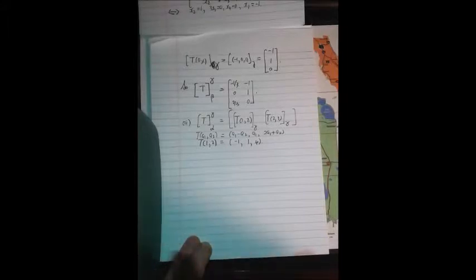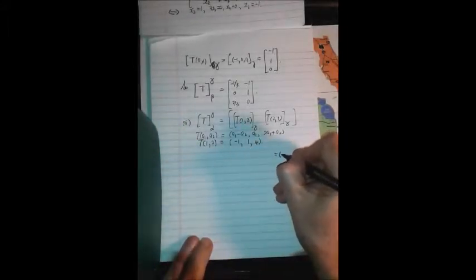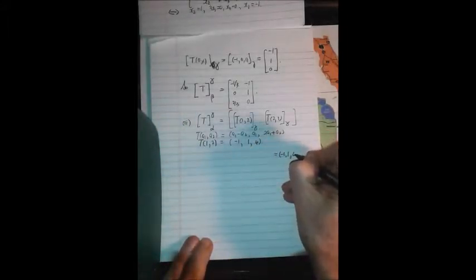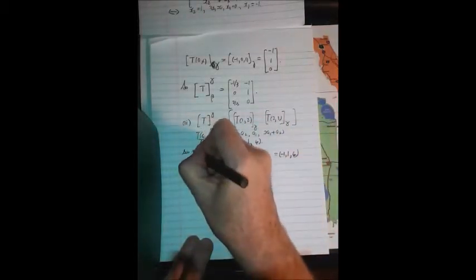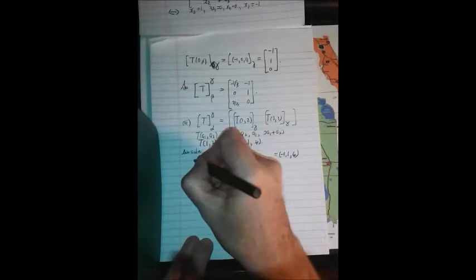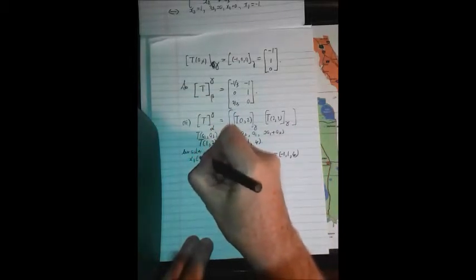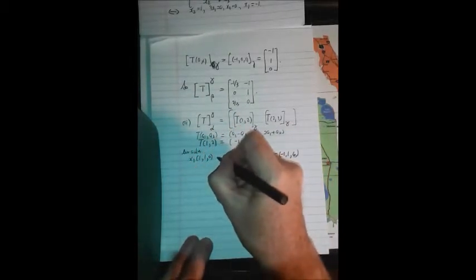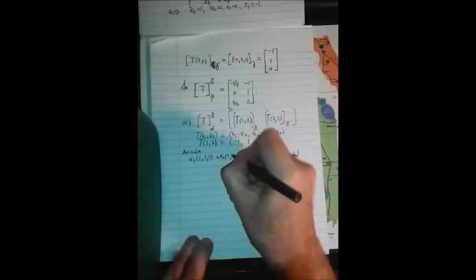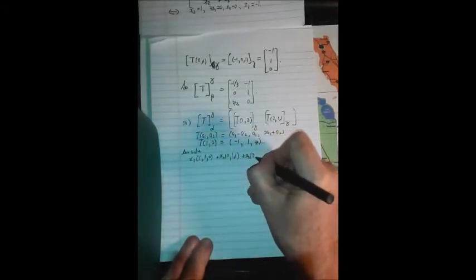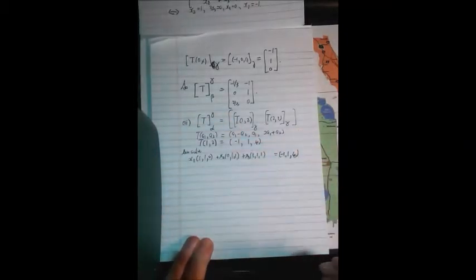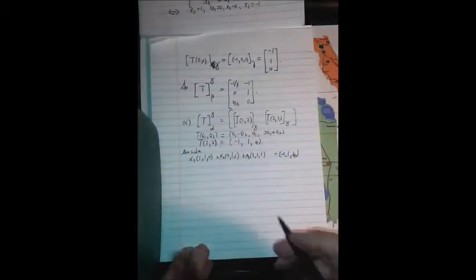Okay, so this time we need to express the vector (-1, 1, 4) in terms of the basis gamma. So we solve the vector equation x1 times (1, 1, 0) plus x2 times (0, 1, 1) plus x3 times (2, 2, 3) equals (-1, 1, 4).